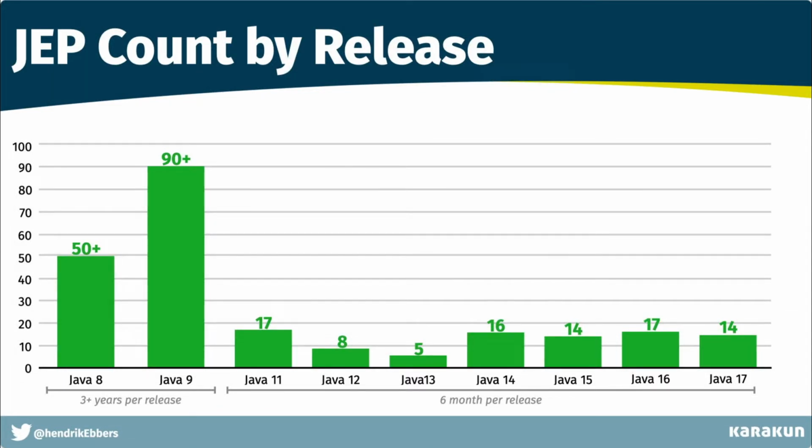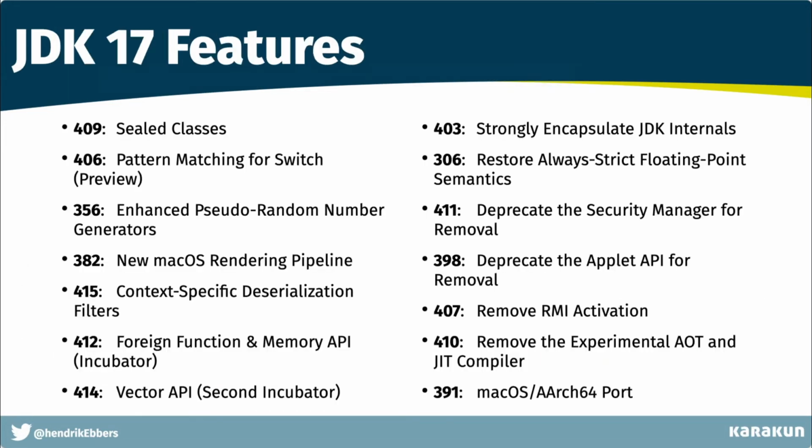But you can see that now with the half-year releases, we have something like 15 JEPs that are part of a Java release. And this is a quite good number. So I don't think it makes sense to, for example, have a look at all the JEPs. But what I would like to do is just have a look at the JEPs that are part of JDK 17 to understand what we are talking about.